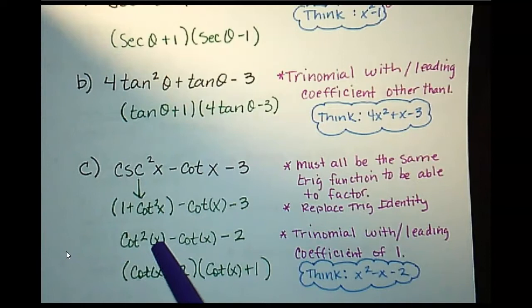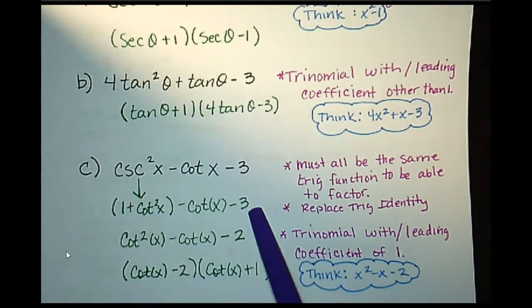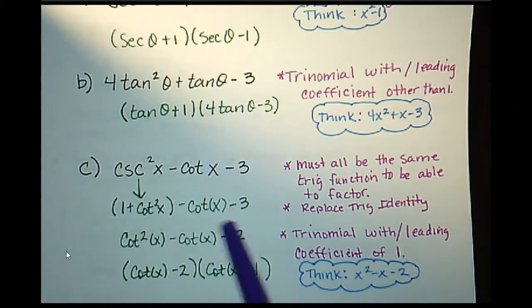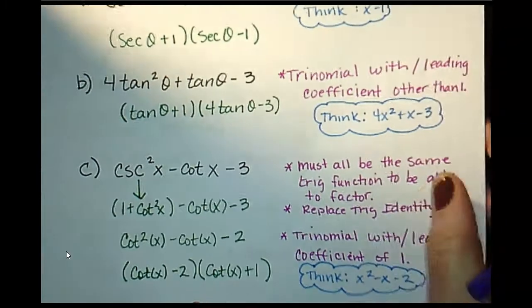So I'm going to bring my cotan squared x up front. I'm going to bring my cotan next, and then I have 1 minus 3, which gives me negative 2. Now I have what looks like a normal trinomial, so I can think of it as x squared minus x minus 2, which means in terms of cotan, it's cotan x minus 2 times cotan x plus 1, and that is my factorization. So problem 2 kind of gives you 3 examples of factoring, and that's all we were doing was just factoring.